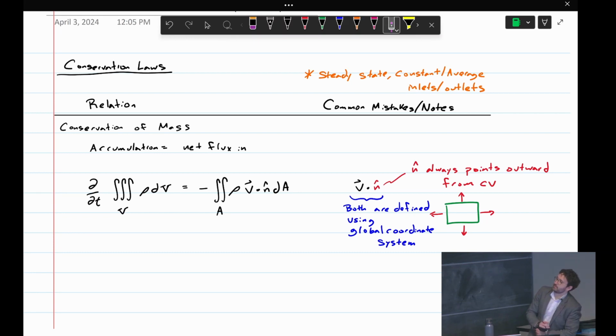The reason those assumptions are useful is that when it's steady state, this term becomes zero because it's partial by partial t, so there's no time rate of change. The constant average inlets and outlets mean we don't have to evaluate an area integral, so the velocity will be constant with respect to area.